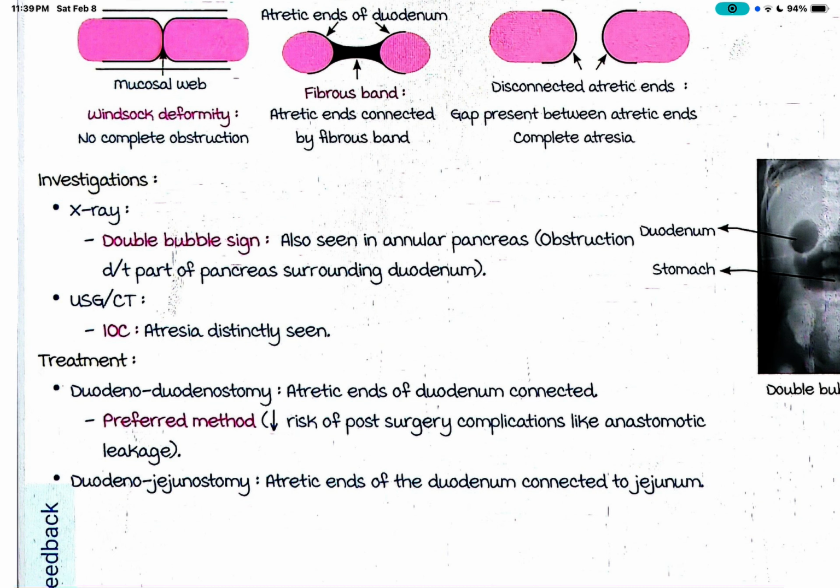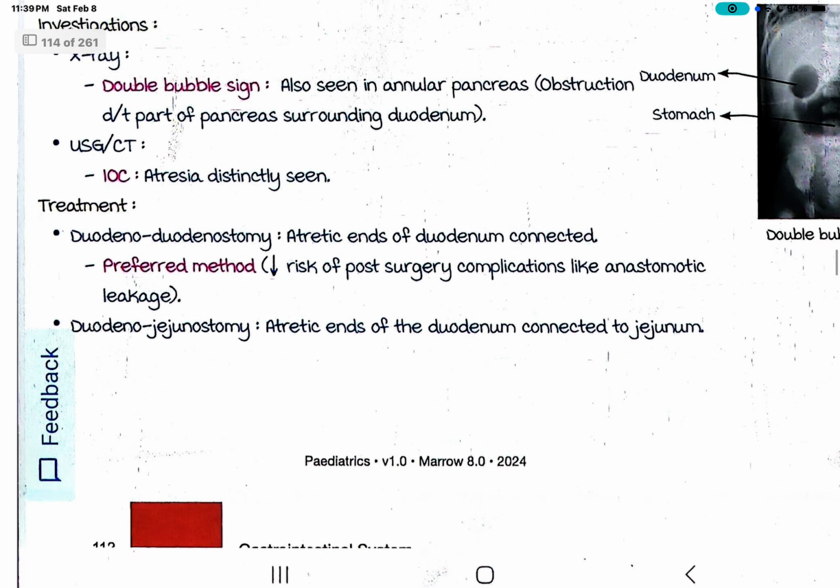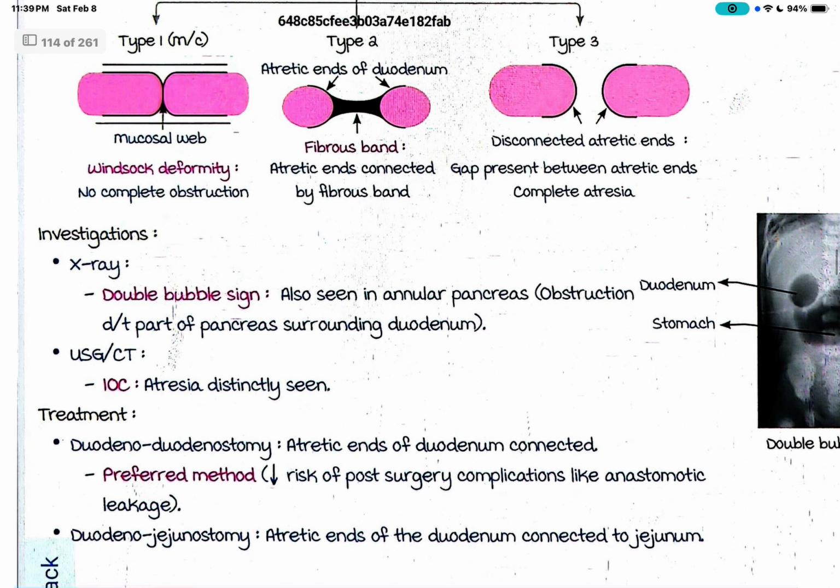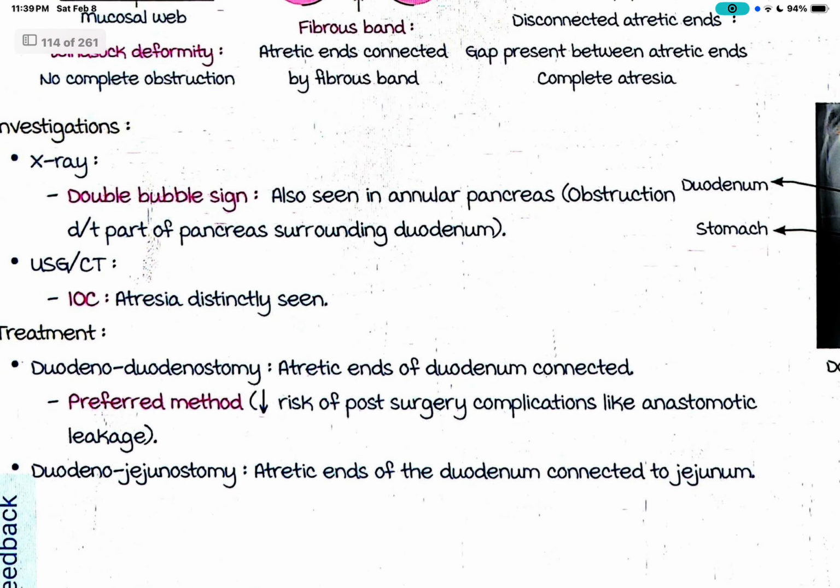Treatment: duodenoduodenostomy, where the atretic ends of the duodenum are connected. It is the preferred method, with decreased risk of post-surgery complications like anastomotic leakage.